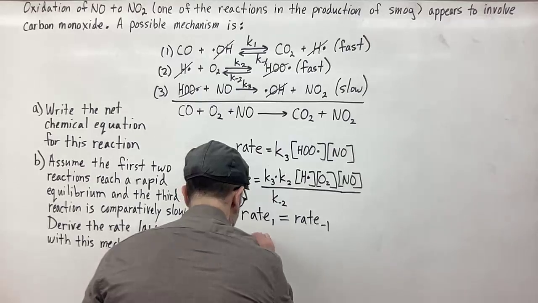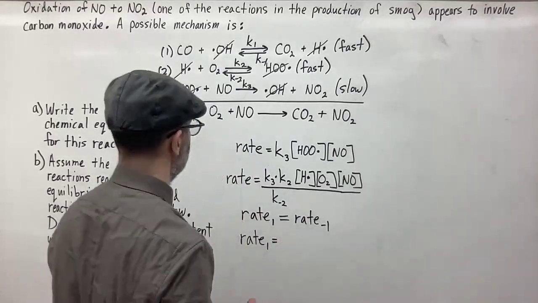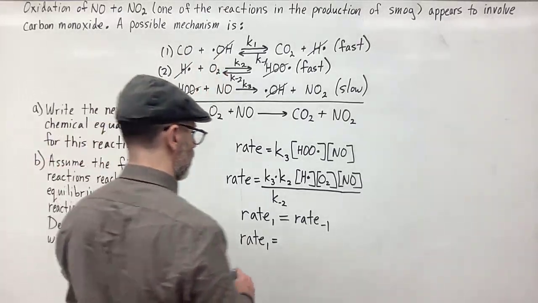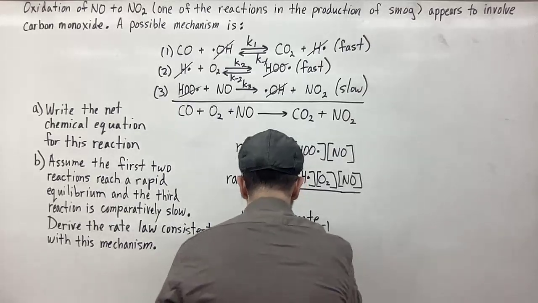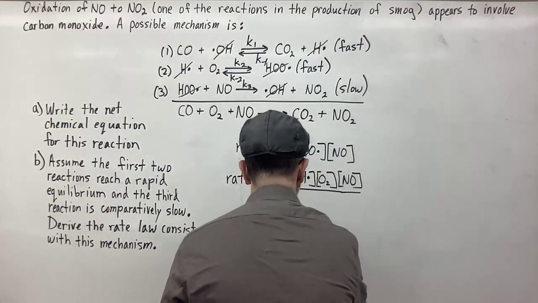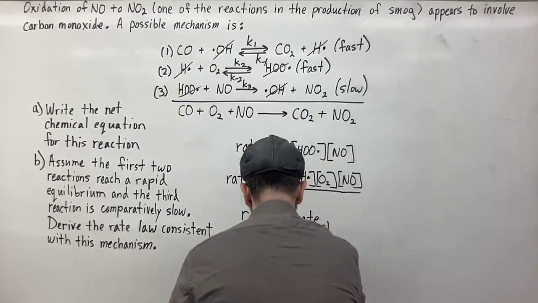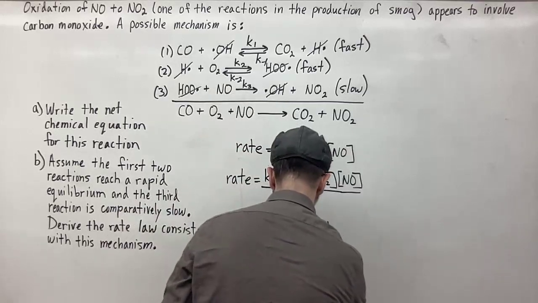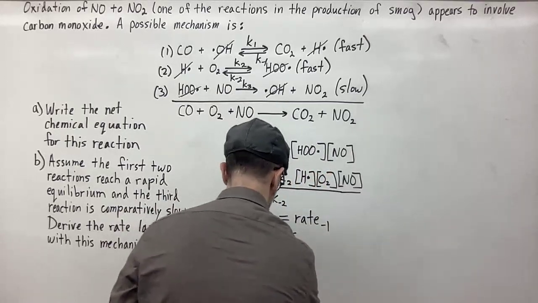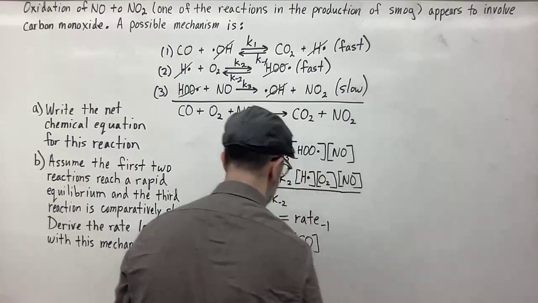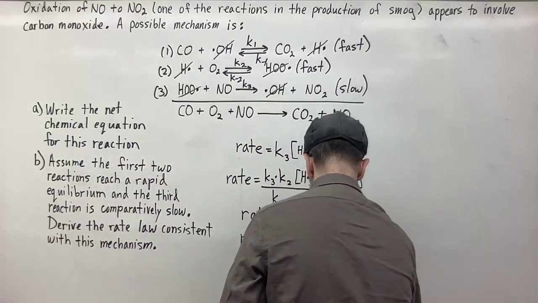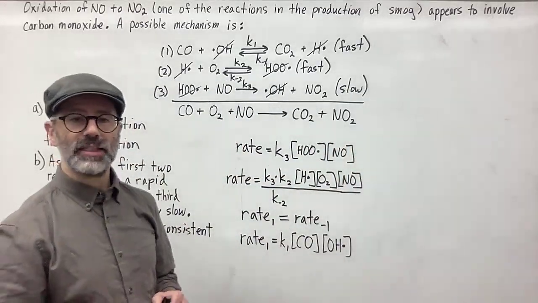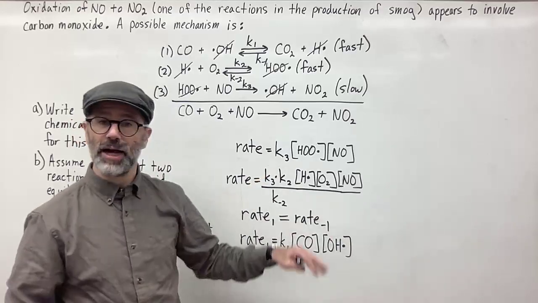So again, the rate of the forward reaction is going to be equal to K1 times CO concentration times the OH radical concentration. That's the rate law for the forward reaction of the first step.